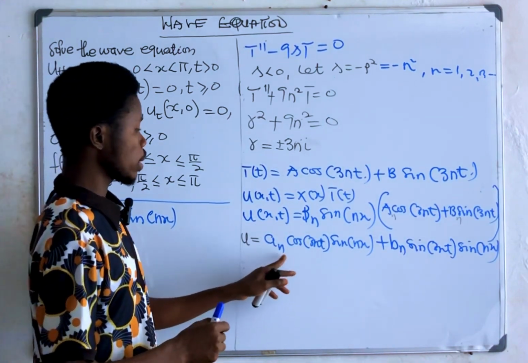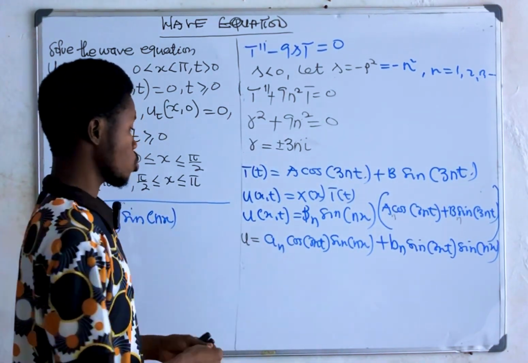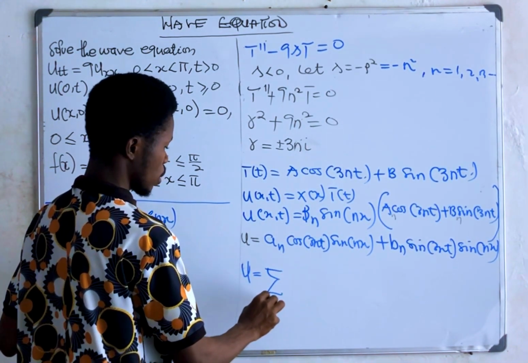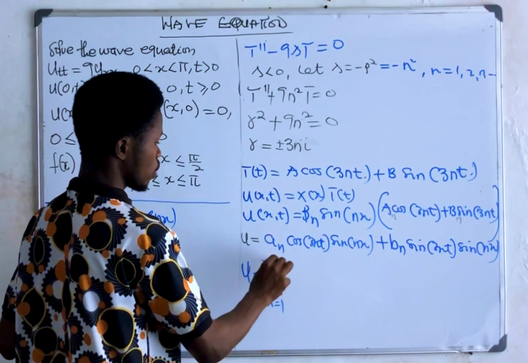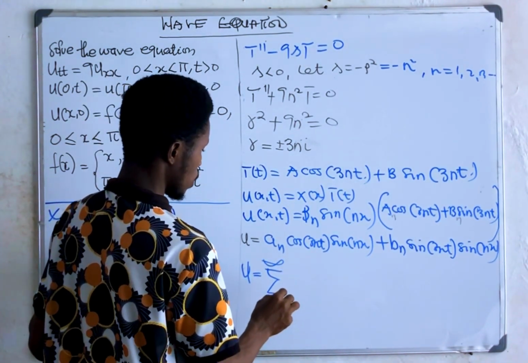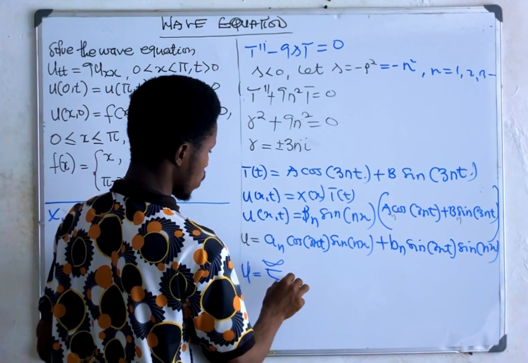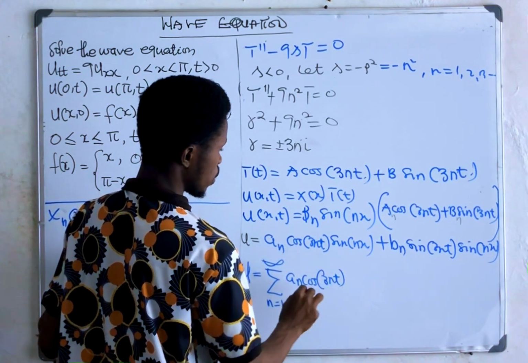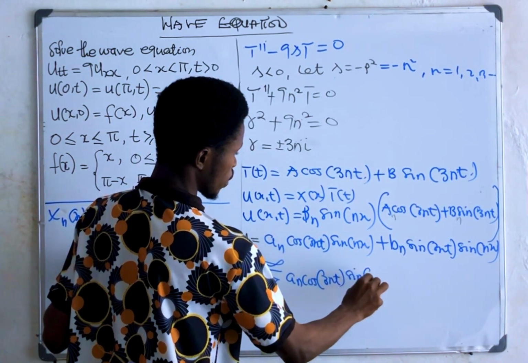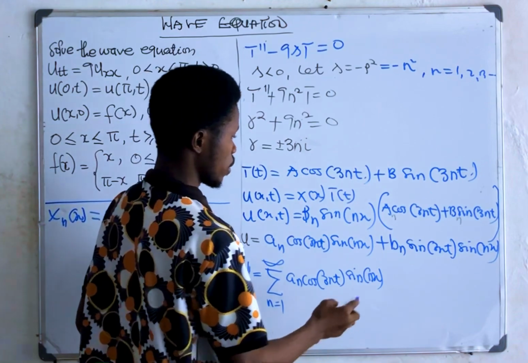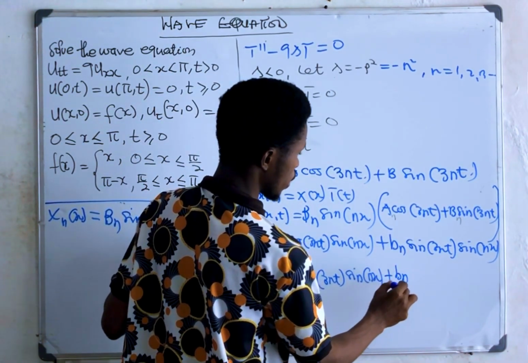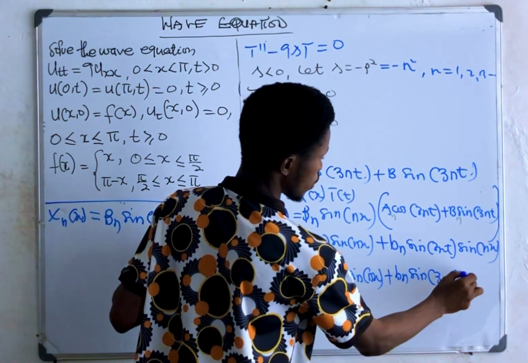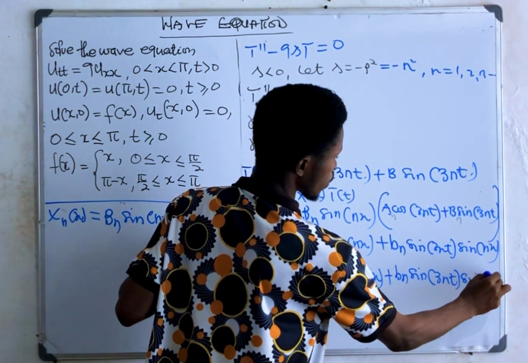Is that okay? But you see this n, you said that it's ranging from 1 to infinity. So you can write this one in the summation form. So u will be equal to summation n equals 1 to infinity, an cos 3nt sine nx, plus bn sine 3nt sine nx.